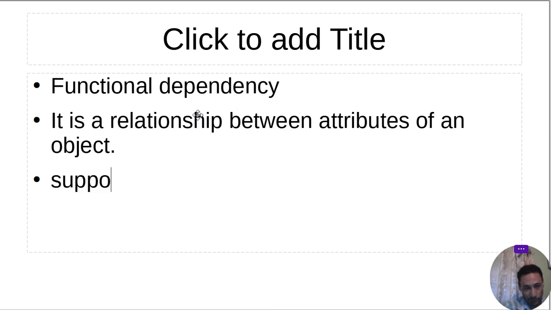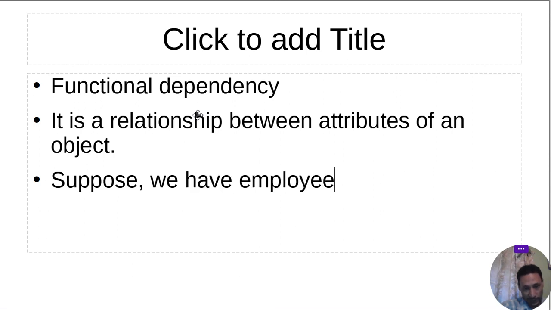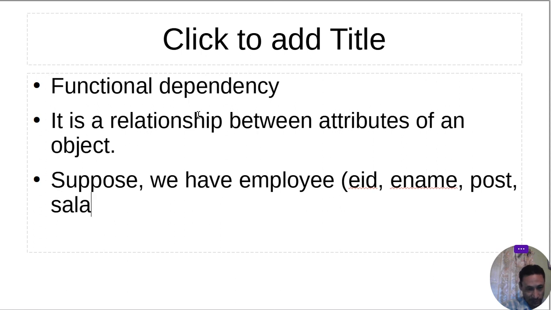Suppose we have employee as an object with attributes employee ID, employee name, employee's post, employee's salary, employee's contact. Here employee is an object and it is described by 5 different attributes in this example.